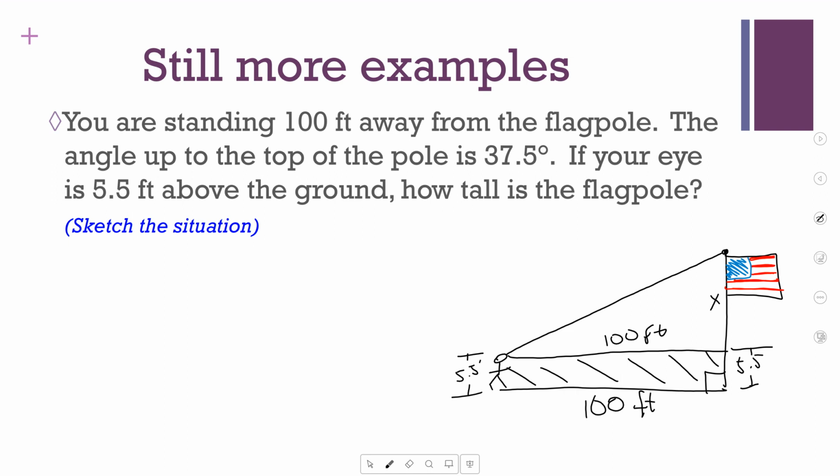Cosine is adjacent over hypotenuse. That's why it's 100 over y. Adjacent over hypotenuse, for cosine.